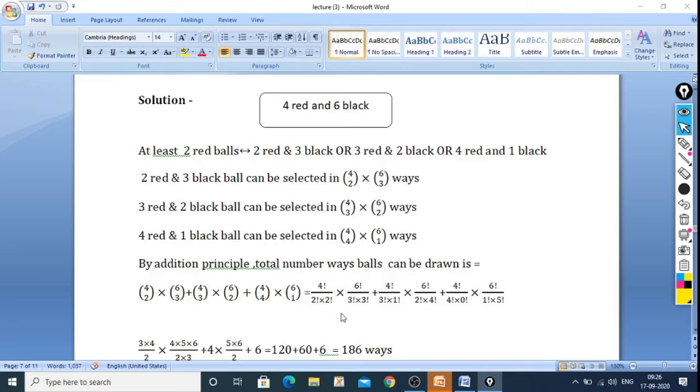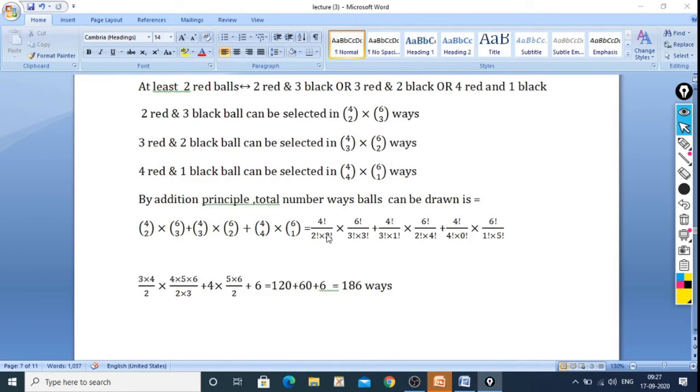Now apply the formula for combination, that is 4 factorial upon 2 factorial into 2 factorial into this 6 factorial upon 3 factorial into 6 minus 3, that is 3 factorial, plus 4C3, that is 4 factorial upon 3 factorial into 4 minus 3, that is 1 factorial, into this 6 factorial upon 2 factorial into 6 minus 4, that is 4 factorial, plus 4 factorial upon 4 factorial into 4 minus 4, that is 0 factorial, into 6 factorial upon 1 factorial into 6 minus 1, that is 5 factorial.